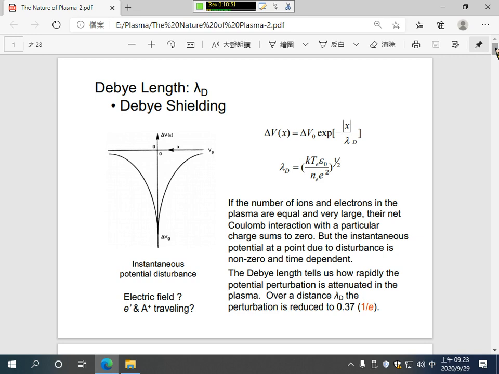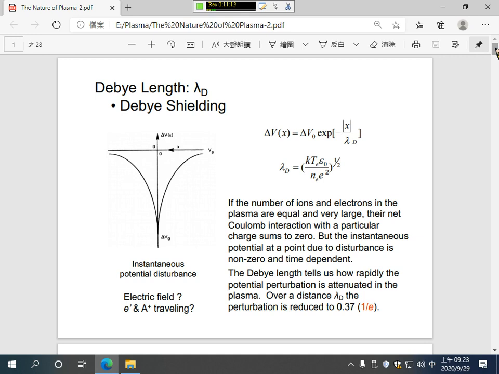If you analyze this equation, you can get lambda d, right? Lambda d equals the square root of k Te epsilon 0 divided by n e squared.